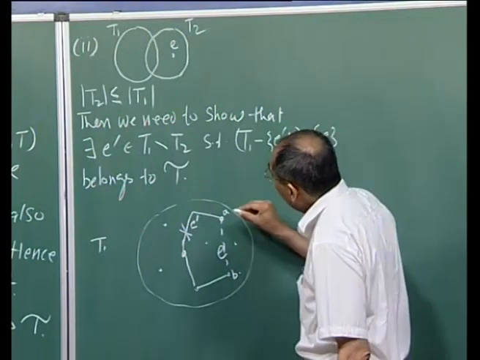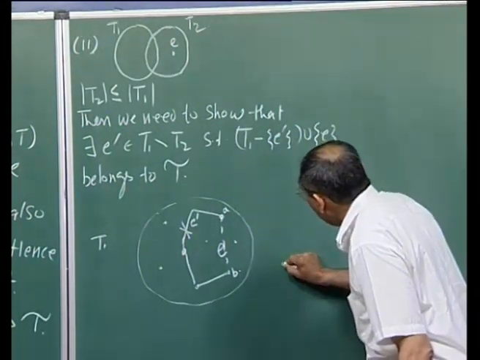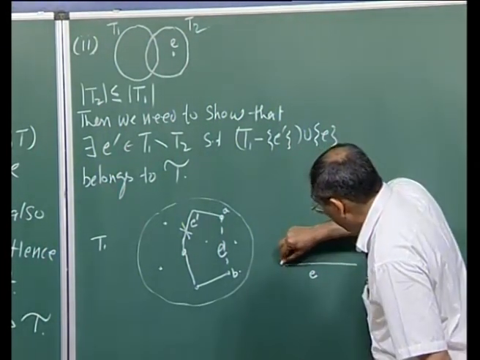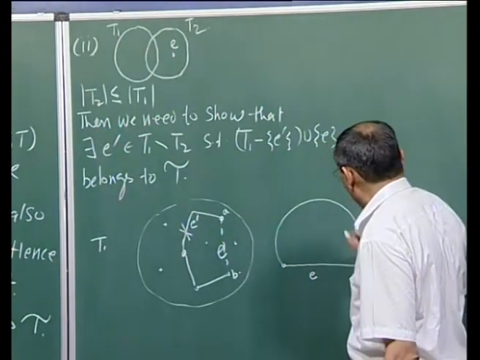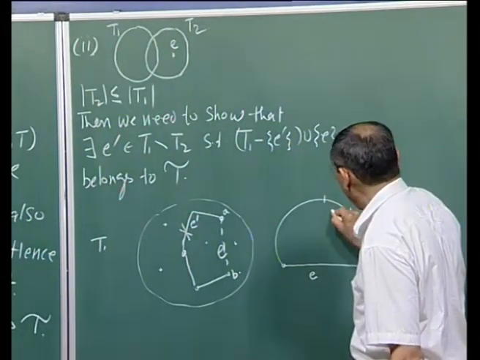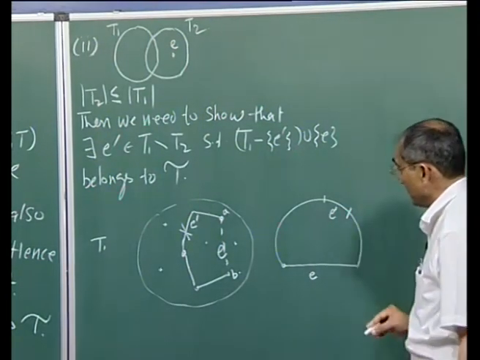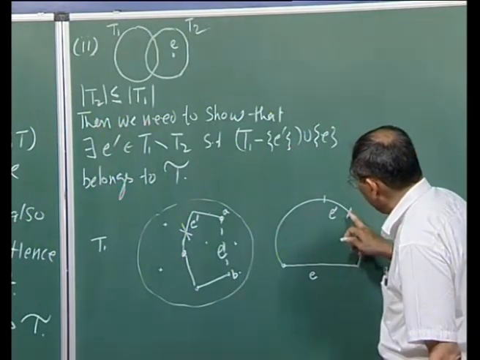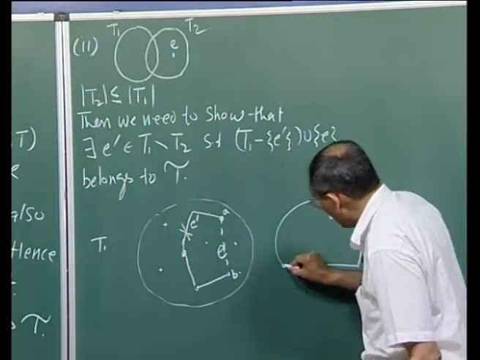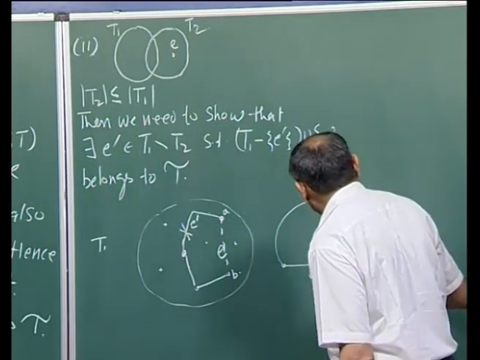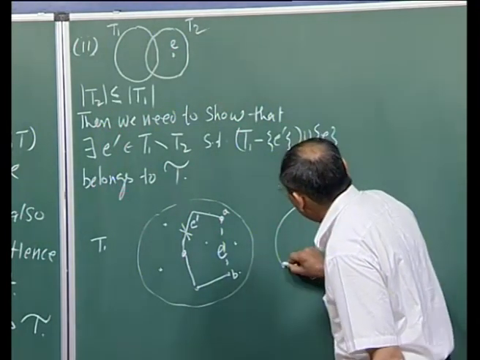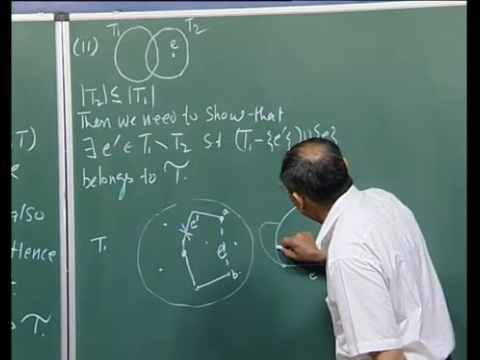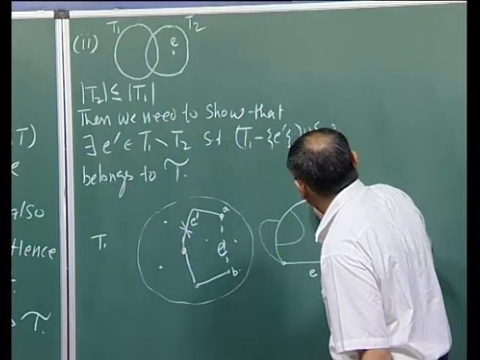So let us say more symbolically, here is my E prime, E. We have one path which contained E prime in it, and now even after this is deleted there is a cycle in it. So that cycle should pass through E, that cycle may have some part here, may go through this, may go out this way.